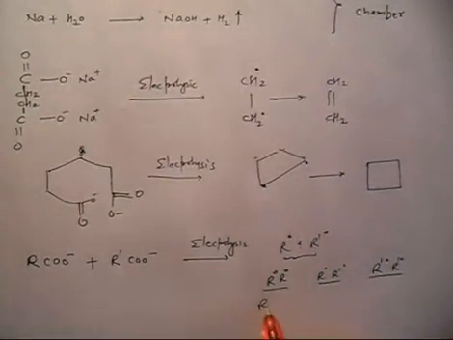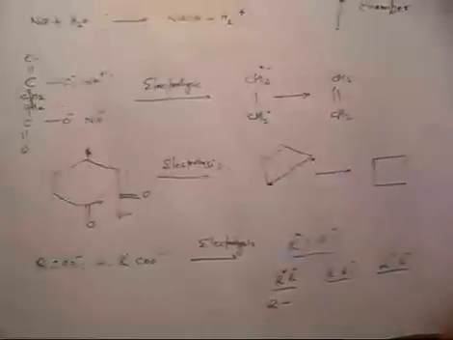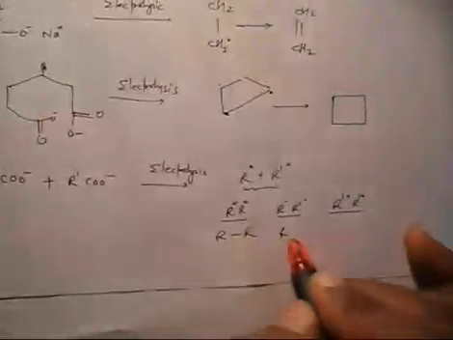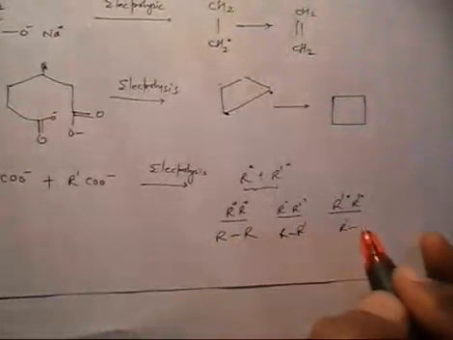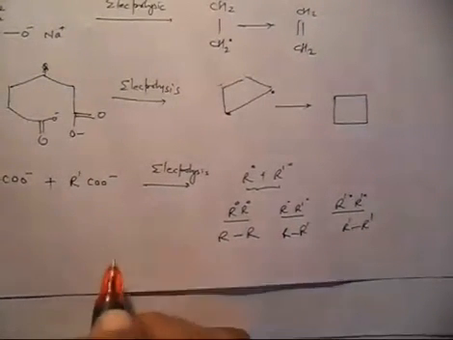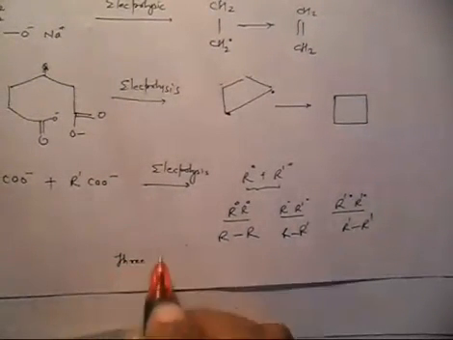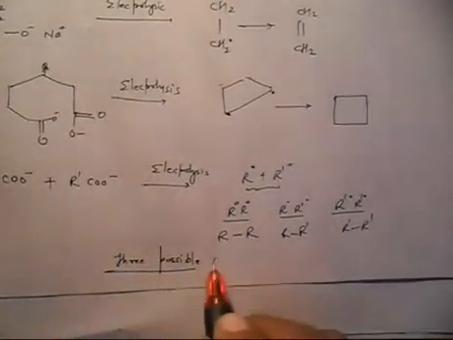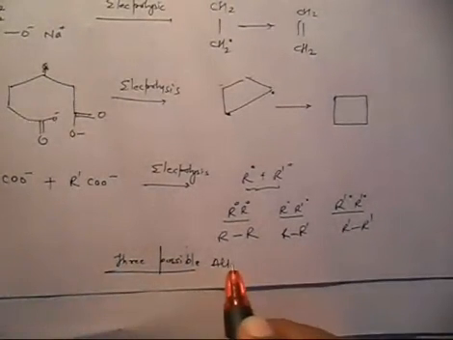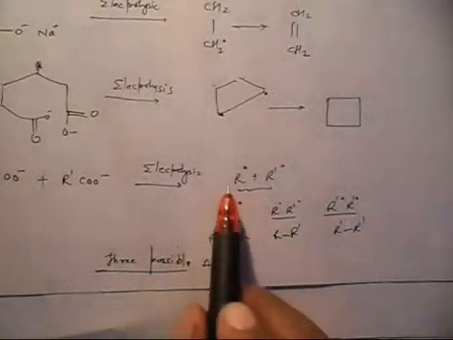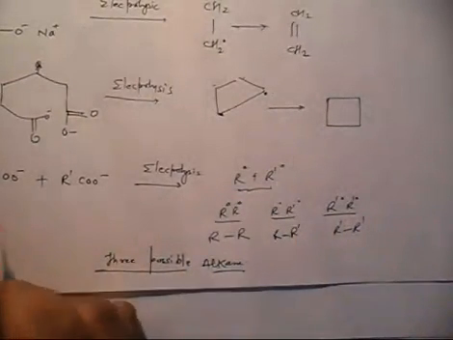So you will get R-R, R-R', or R'-R'. There are 3 possible alkanes in this case. So this is a cross Kolbe reaction.